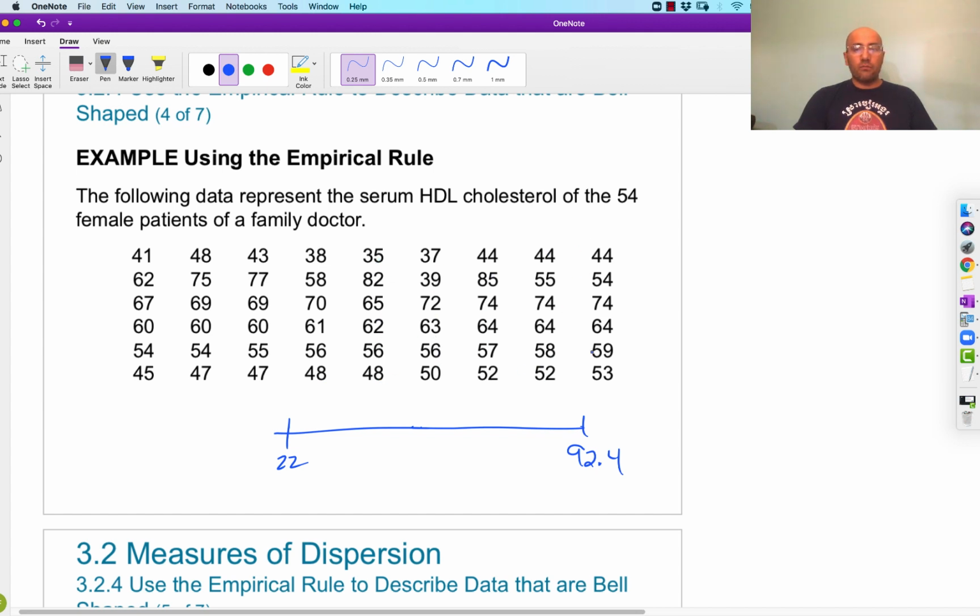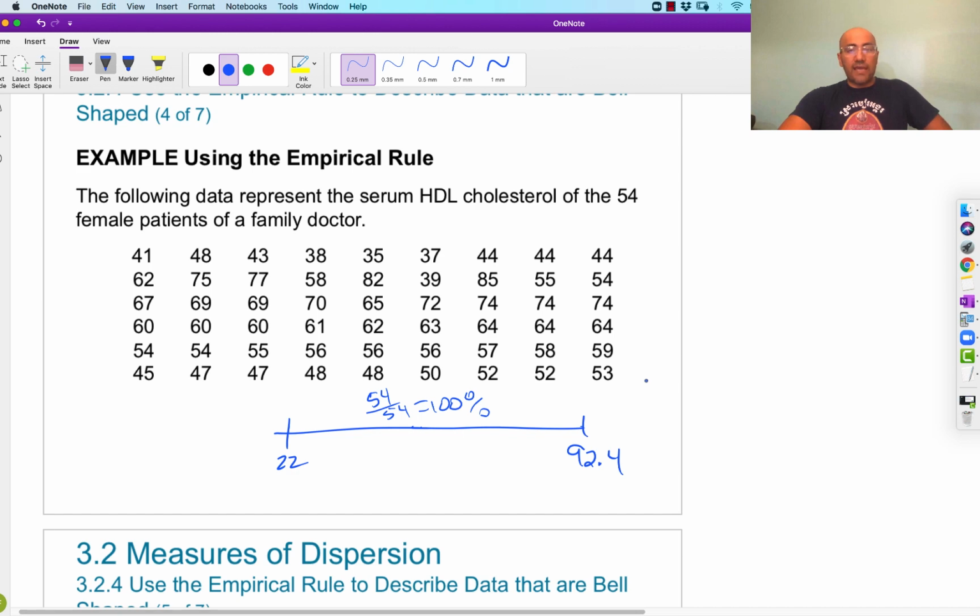Nope. So at the moment, I have all of them. All 54 are inside this zone. I have 54 out of 54 numbers lie in this range, or 100% of them from my sample, which is in line with what the empirical rule said about that.